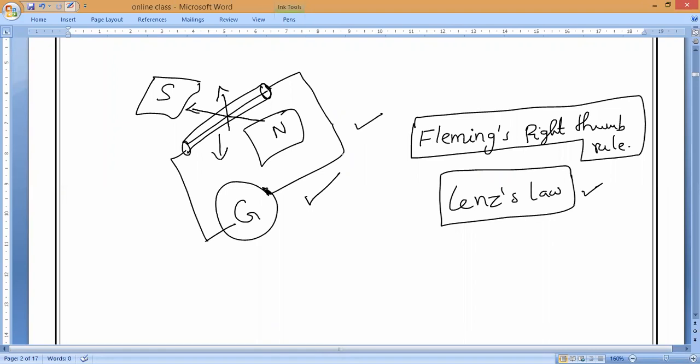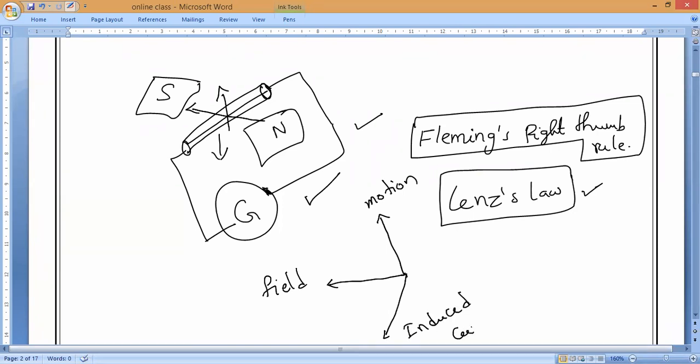In Fleming's right hand thumb rule, we again have three fingers. What are the three fingers? The index finger indicates the magnetic field, and the thumb indicates the motion. Understand? And the middle finger indicates the induced current.